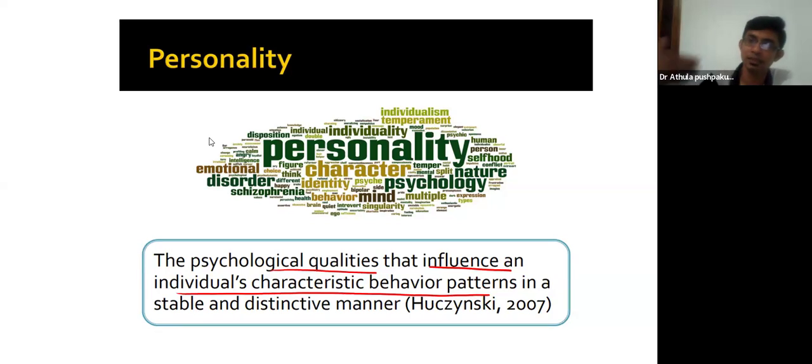Therefore, we should introduce an independent education system, where rich or poor, both parties can study through the system, right? Okay, some important points you can write, and please underline: psychological qualities influence behavior pattern.